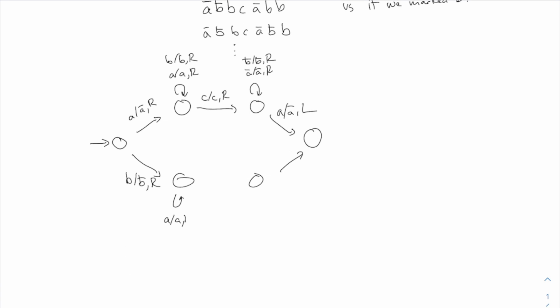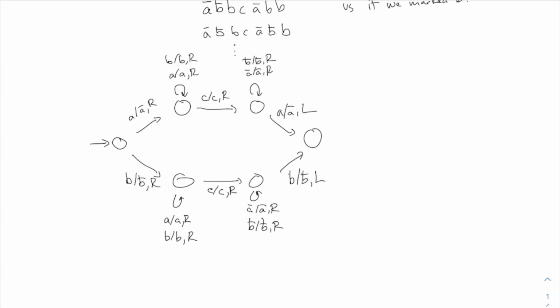This is, again, A A R, B B R. That means move to the right through any A's or B's until you get to a C. Again, you want to just move past the C and continue moving to the right through any A-bars, A-bar R, B-bar R. And then finally, you will arrive at an unmarked letter. If you're on the bottom path, it should be an unmarked B, and I go B-bar L. All right. Those are my two branching paths.